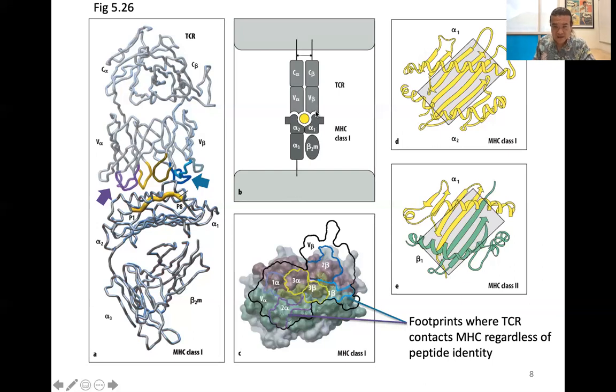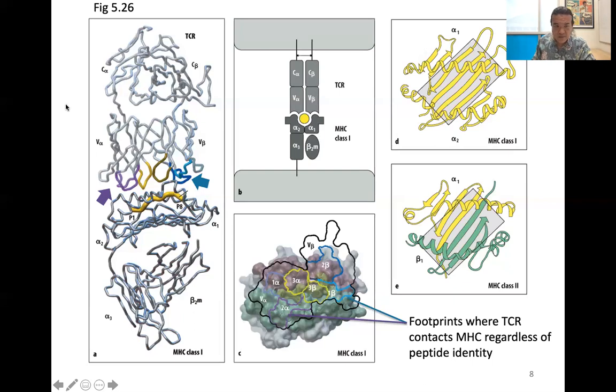So even in this illustration, which we've seen a lot of, you can already tell that much of the surface that's interacting between the TCR and the MHC is just between the TCR and the MHC itself. Only part of it, like this curved part in the middle, actually is the important part for being the right shape to bind this yellow dot. Let's move to the left.